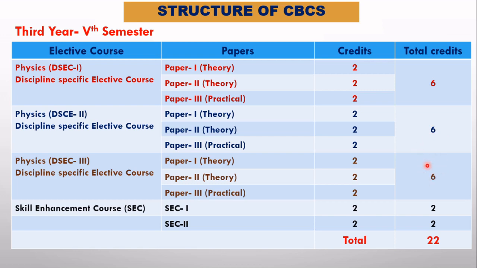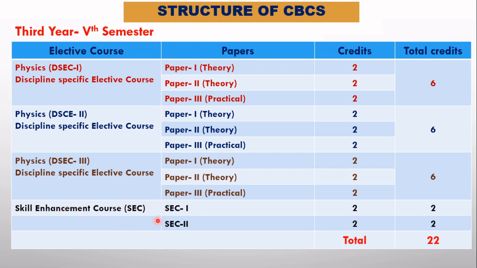Now to attain the number of 22 credits, skill enhancement courses are included in TYBSc. It was not available in the previous education system or previous syllabus. In CBCS, skill enhancement courses have been given.